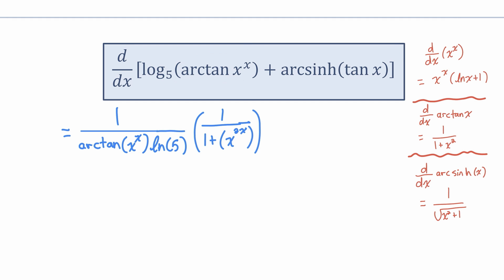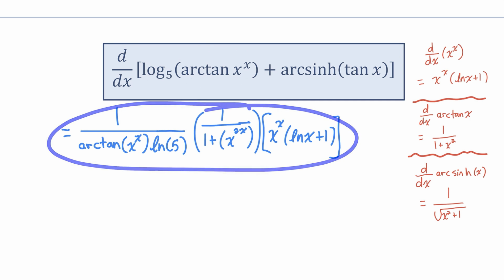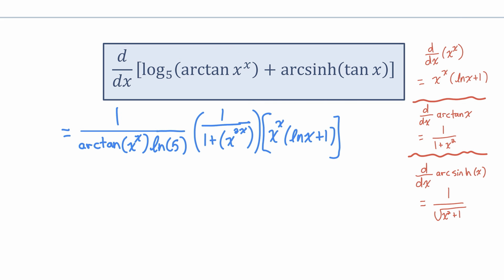And then, of course, based on chain rule, I differentiated the outside function with respect to the inside function, but now I have to multiply that by the derivative of the inside function. So that has to be multiplied by the derivative of x to the x, which we figured out is x to the x times (ln x plus 1). So this is the derivative of my first term. Let me maybe write that as a single fraction, and then I'll make some more room to work with my second term.